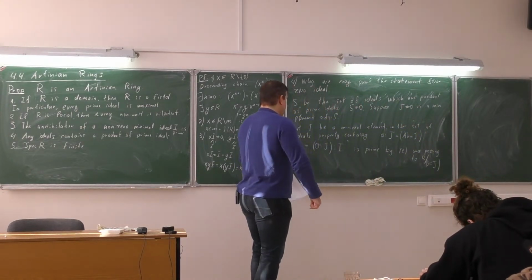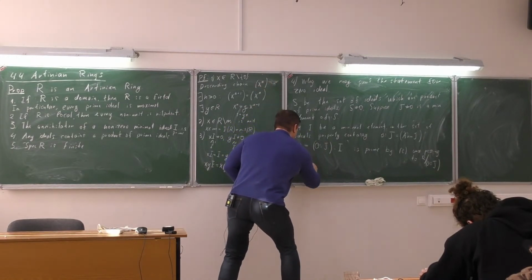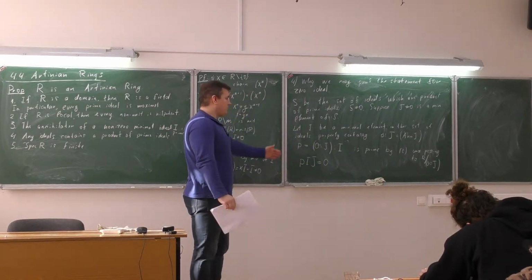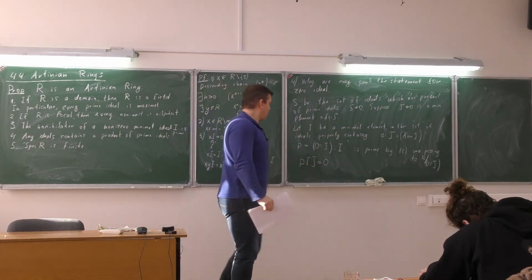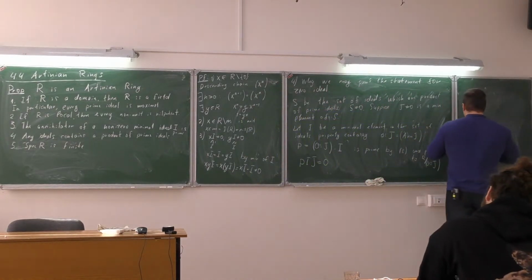So that's a prime ideal, and I can also write that the product of the three ideals P, I, and J is 0, which just follows from the definition of this ideal P. Okay, so now what do we have?